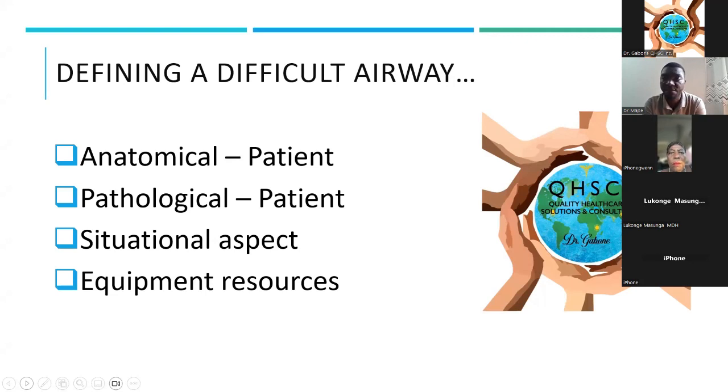The definition can also go in a very big spectrum, where now you have a situational aspect. Everything is fine for the patient in terms of anatomy, pathology and physiology, but it's a situation. I am in an environment where I have limited resources or limited human resources that give me difficulty in maintaining the airway of the patient.